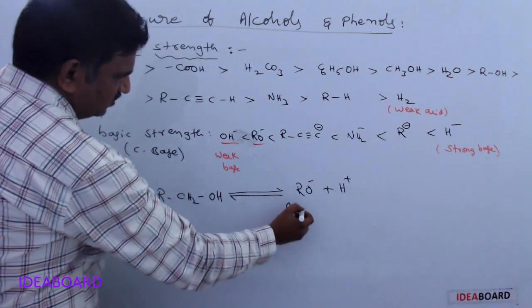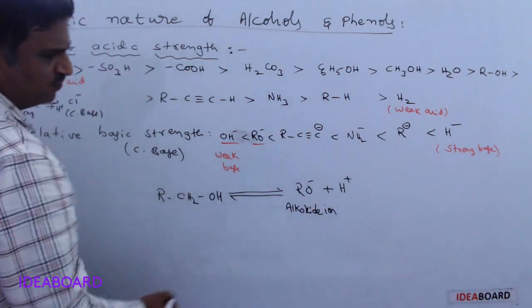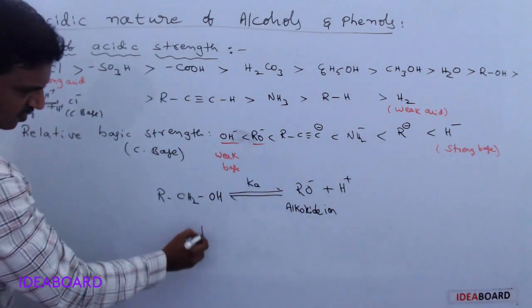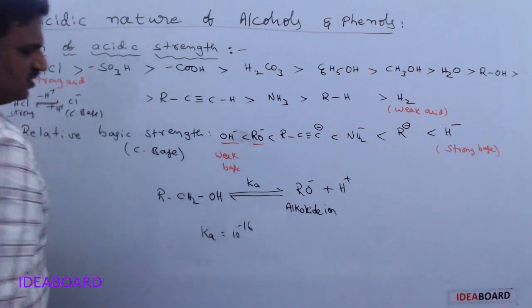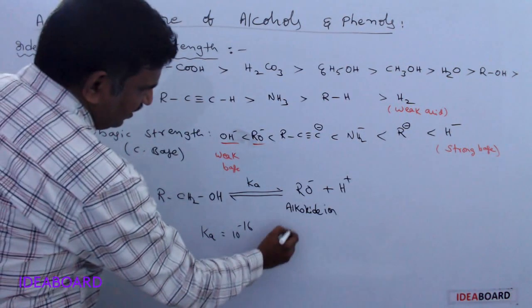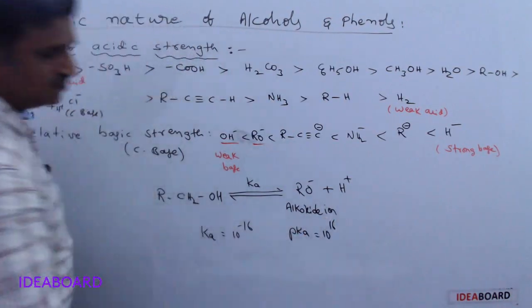This is called the alkoxide ion. And this is the dissociation constant, and the Ka dissociation constant value is 10 power minus 16 nearly. So the pKa is equal to 16.